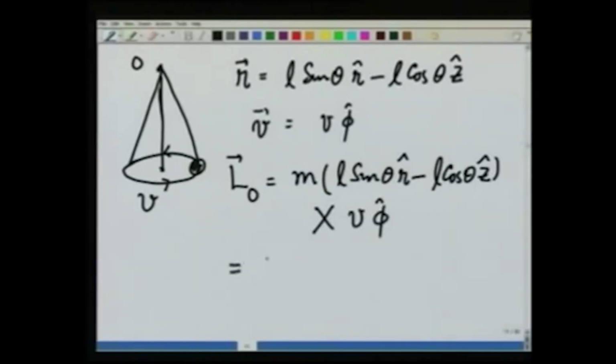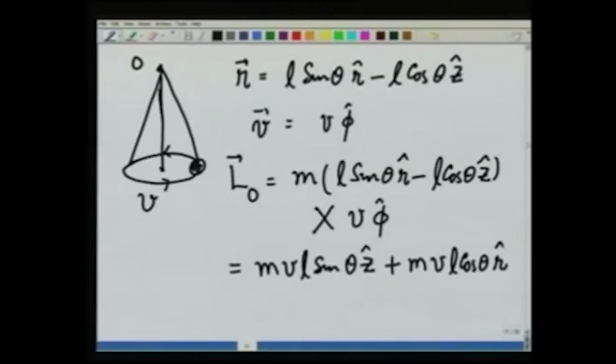So, this comes out to be m v L sin theta z, and z cross phi is going to be minus r. You can check that. So, this is going to be plus m v L cosine theta r unit vector.